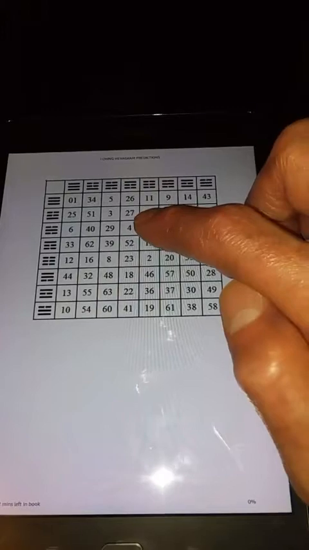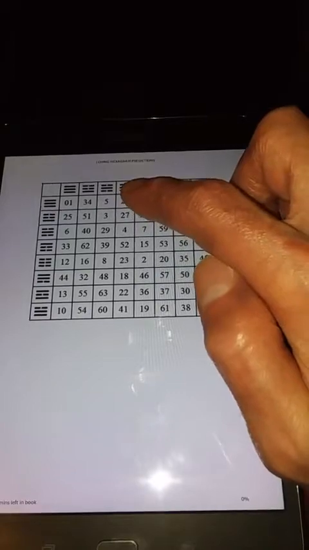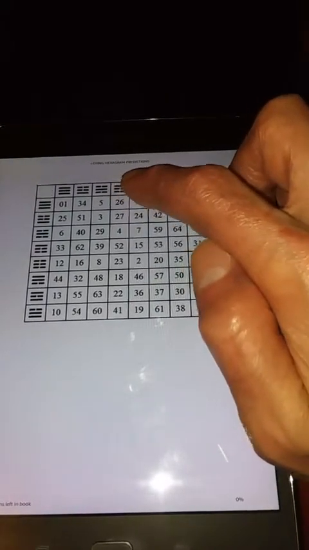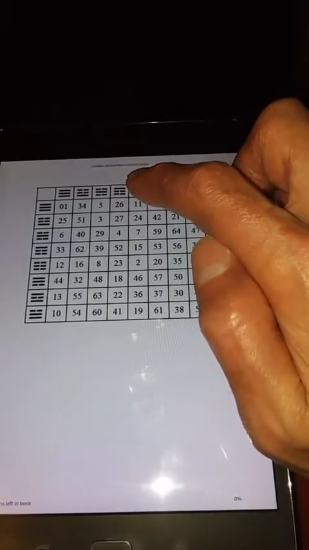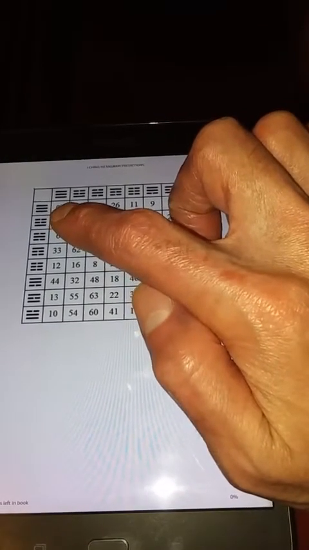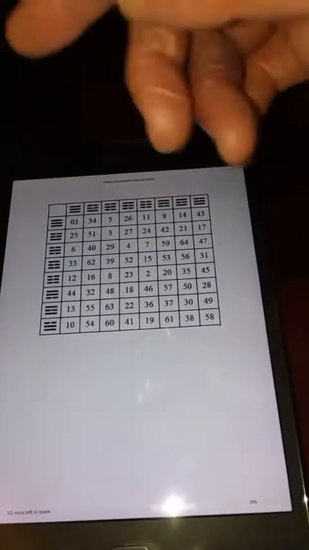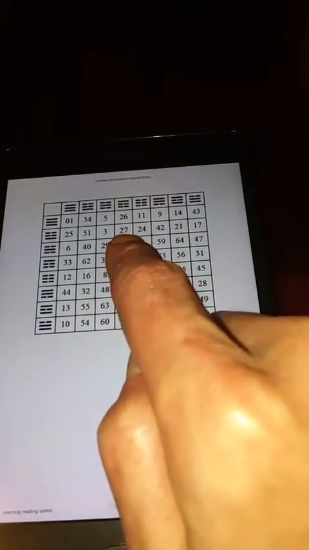And if we go down here, we will see it is 27. Because if you look up here, this is the next part of the hexagram with 2 yin lines and 1 yang line, and the other one is a yang and 2 yin lines. So when you're building your hexagram, you want to start from the bottom going up to the top. And this would be your bottom part, and this would be your top part. So it's hexagram number 27. So we'll go into hexagram number 27.